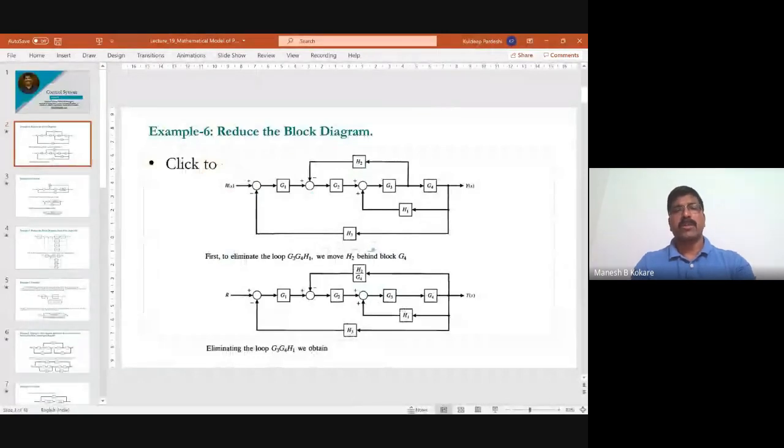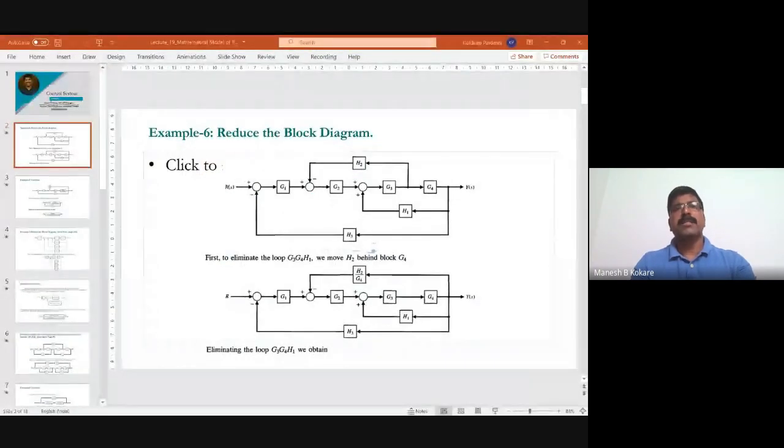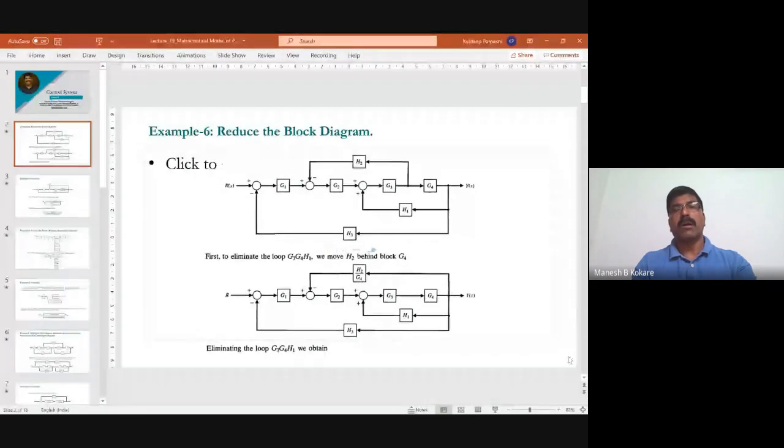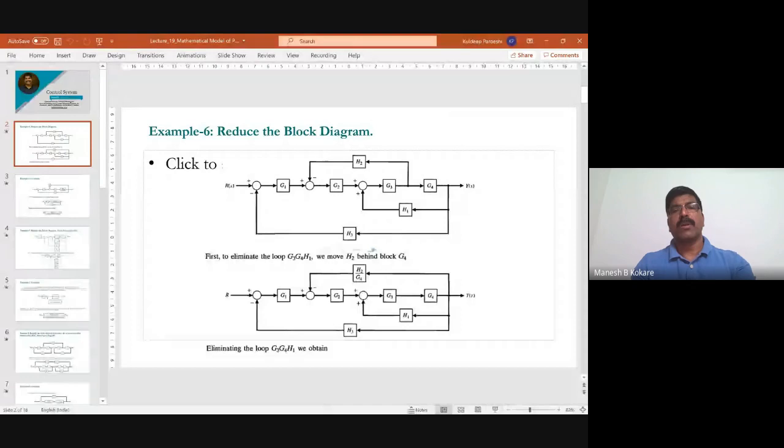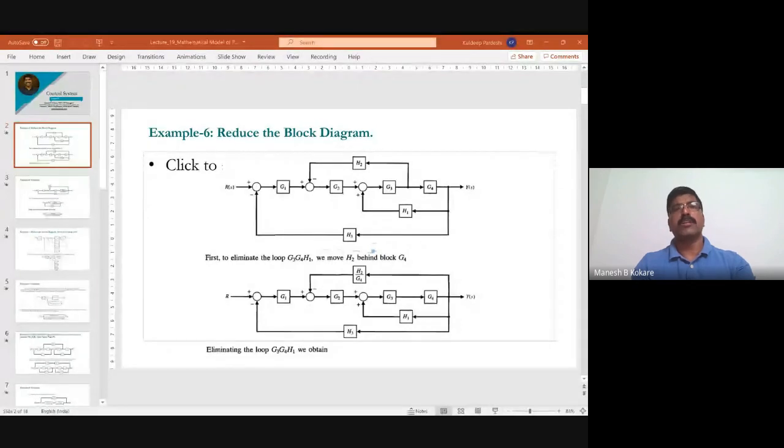If they are, you simplify using the first rule: when two or more blocks are connected in cascade, the overall transfer function is the product of the blocks' gains.